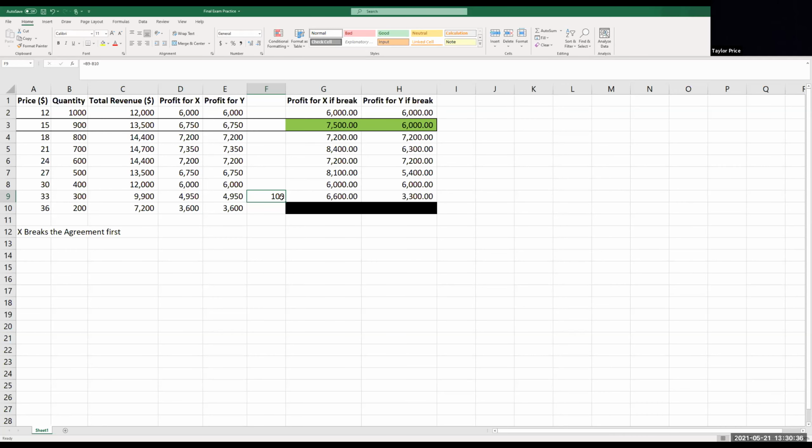And that's true for basically all of them. Whenever X cheats, that's going to be the condition. So that would be 3,300. Do you just add that? No, you wouldn't. What you have to imagine here is, let's say for a price of 36, and let me do another column.